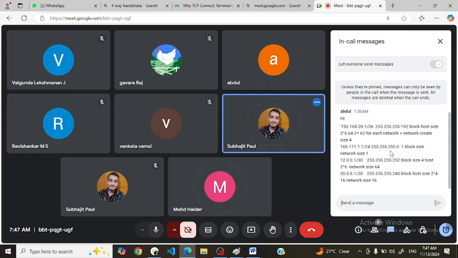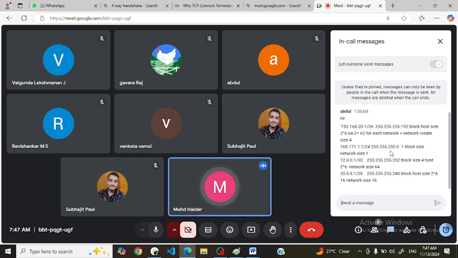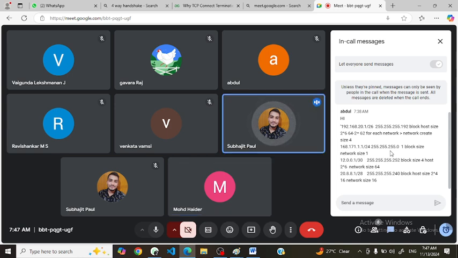Number of requested subnets is 2 to the power 12, and the hosts 2 to the power 16 minus 2. I'm asking about the number of networks. 2 to the power 12.